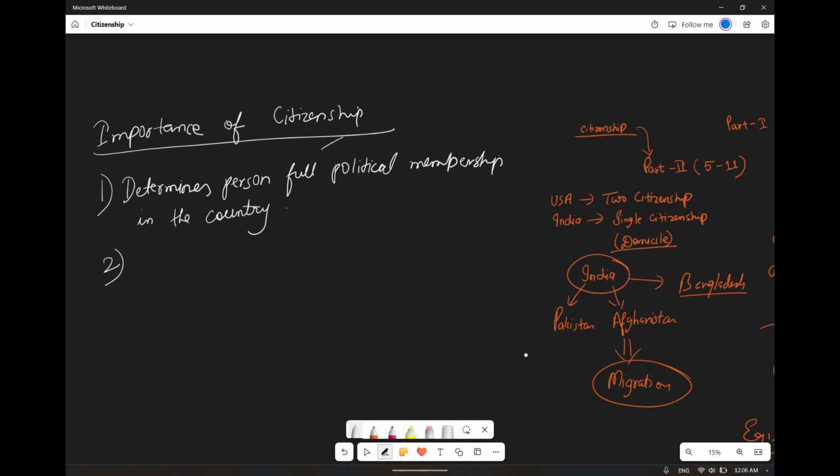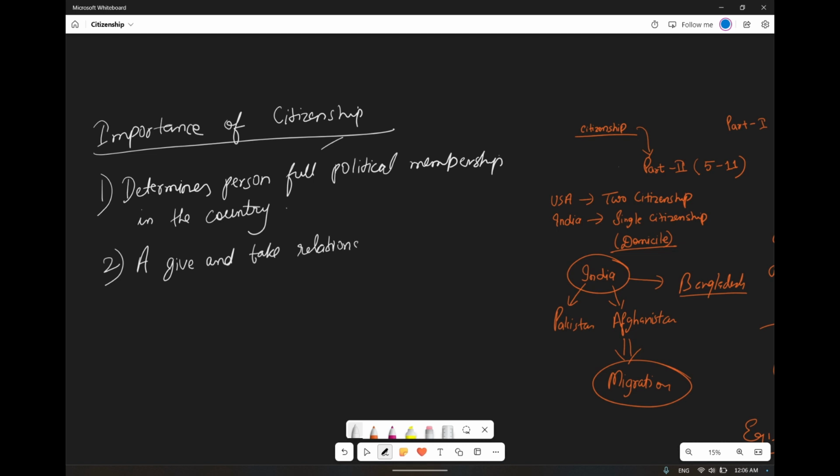Okay, a give and take relationship between the individual and the state, that is called a symbiotic relationship. Citizenship is nothing but a give and take, and these things can be used in the essay that will enhance your writing skill.